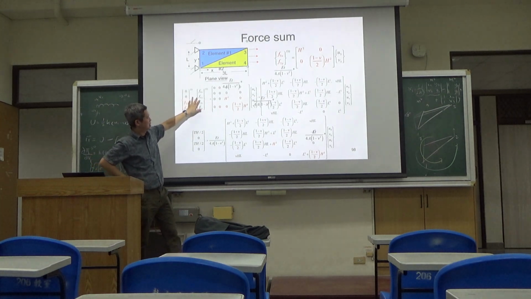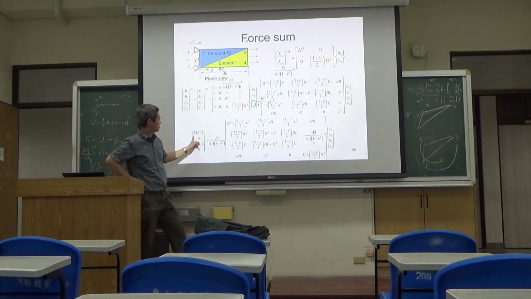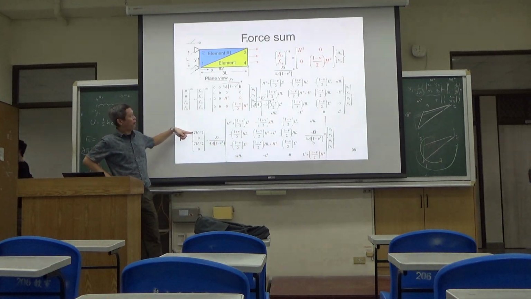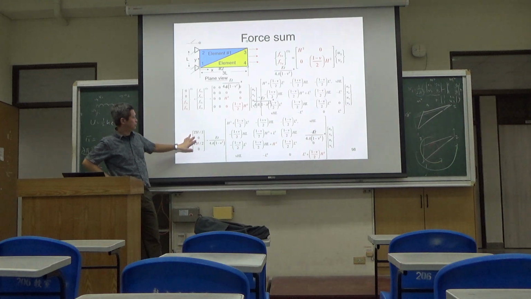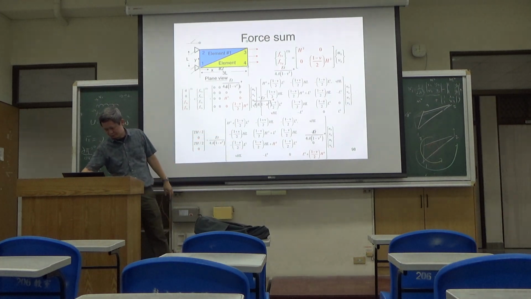For the second element, you have force contributions on node 3 and node 4. And you sum them up. You see your horizontal force on node 3 and node 4, and there is zero vertical force. It's going to be equal to this expression.